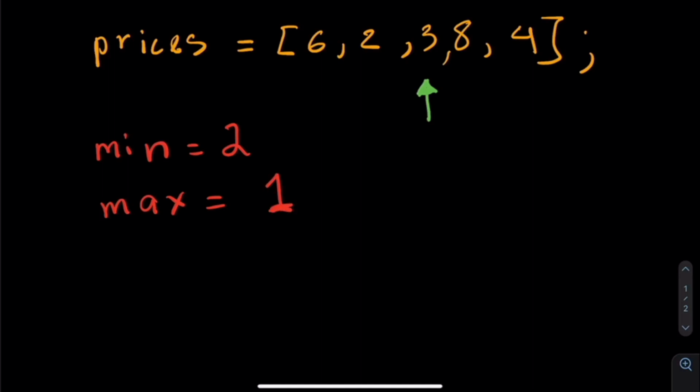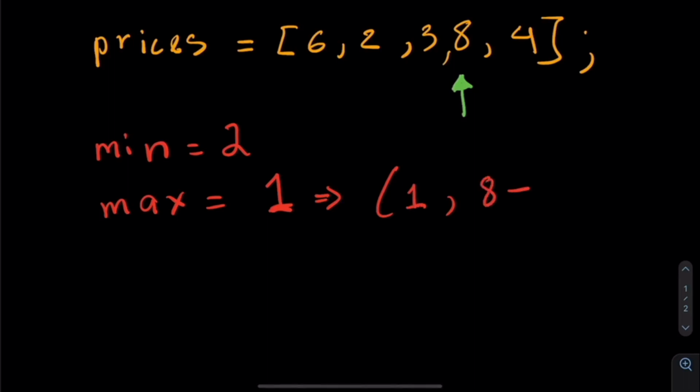Now we move on to the next value. Is 8 less than 2? No, so we don't change our minimum variable. We go straight into the maximum and ask what is bigger: 1, which is our previous max, or 8, our current value, minus the minimum, which is currently 2.